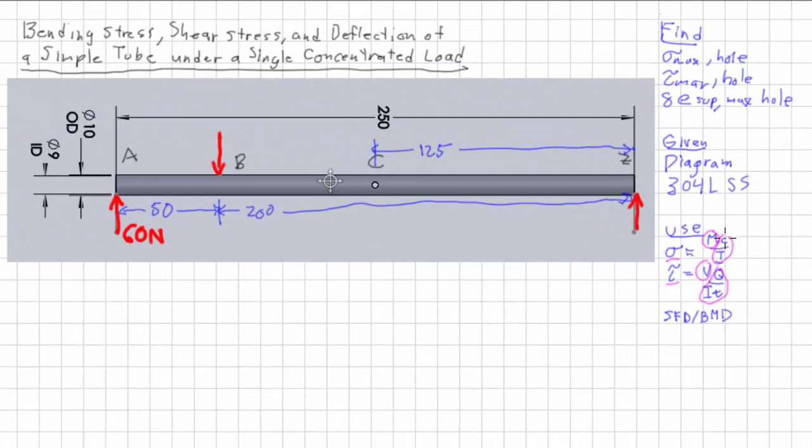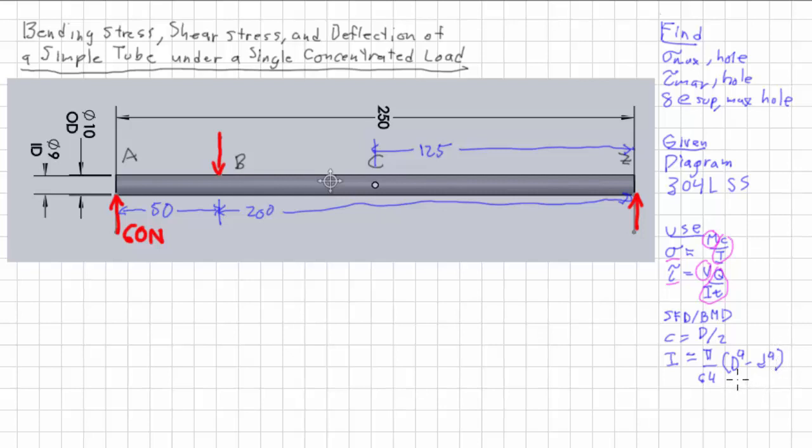And to find C and I, well, C is pretty easy because this is a tube. So C is going to be equal to outer diameter divided by 2. I, for a tube, is fairly simple. It's pi over 64 times the outer diameter to the fourth minus the inner diameter to the fourth.